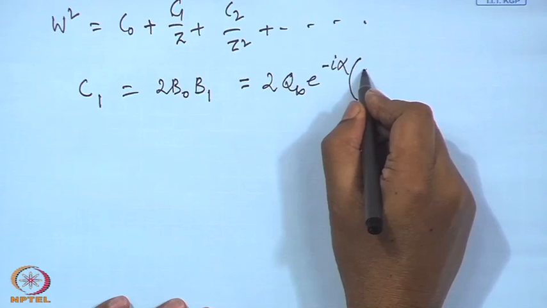Since the source gives symmetry in all directions, it will have no contribution and we will neglect that part. And we will take only the I gamma by 2 pi.